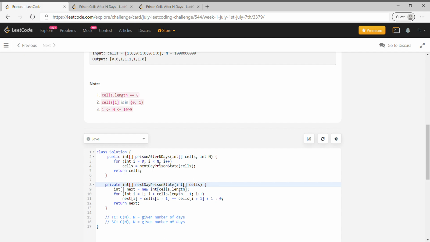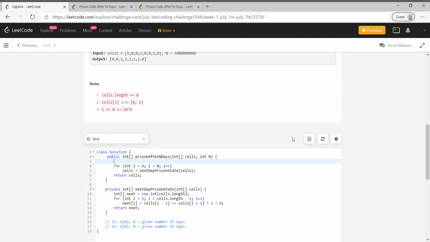So the only thing we need to do is update this number n. Instead of looping through n number of times, we can say count is equal to n minus 1 modulo 14 plus 1.